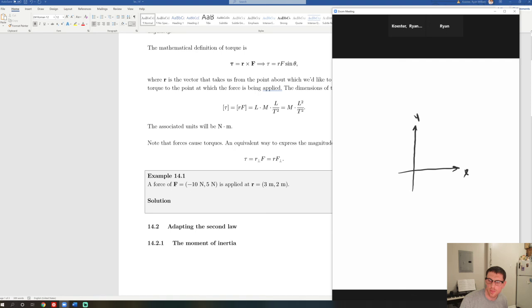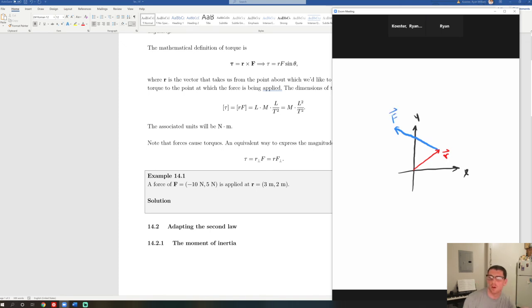Maybe we go 3 units to the right, 2 units up. That could look something like this. Now let's try to sketch the force vector. And that is going to go 10 to the left, right? Negative 10 to the left would be to the right. 10 to the left and 5 up, so that should look something like this.